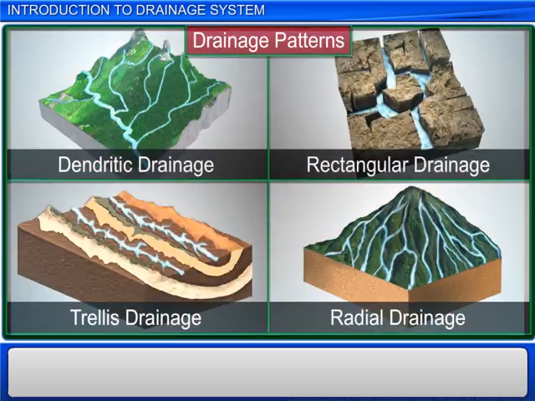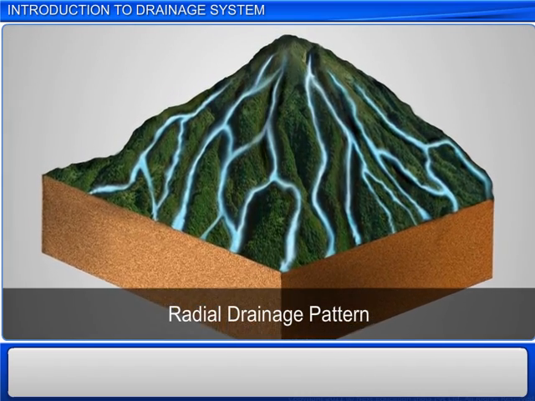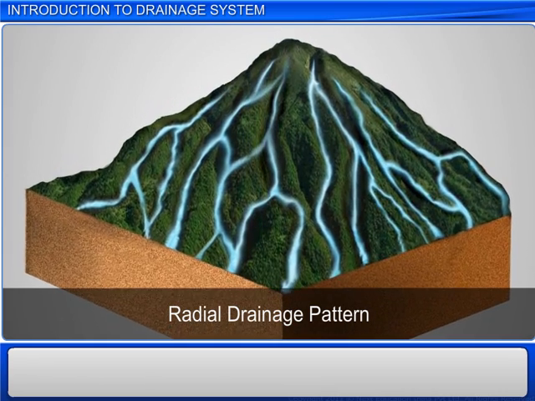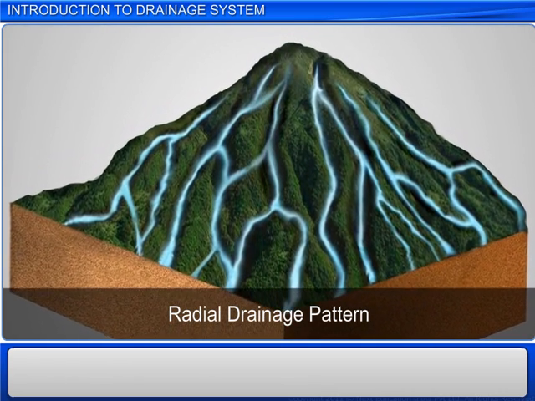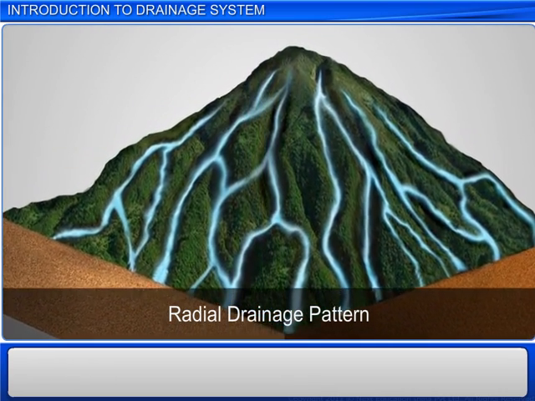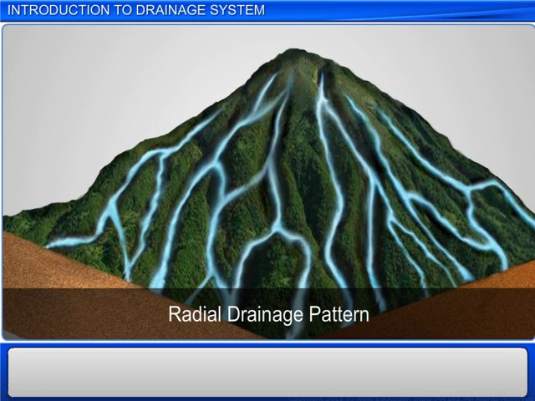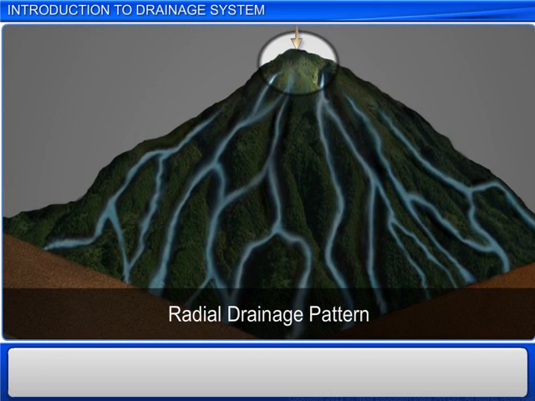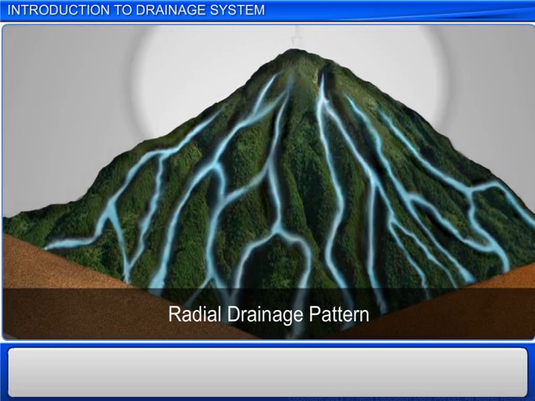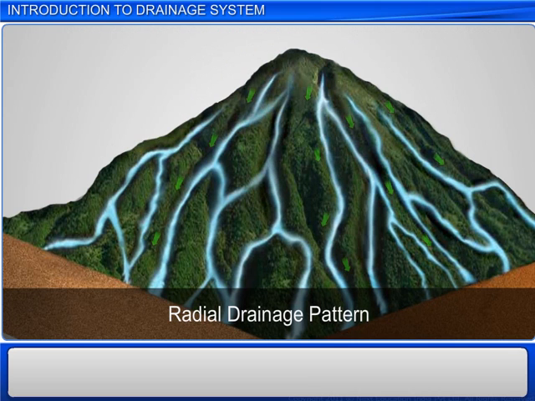The next type is the radial drainage pattern and is very different from all the others. It has a central peak or a dome-like elevation from where the water flows in different directions.